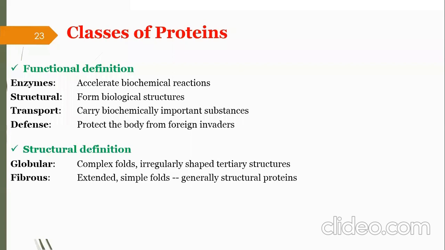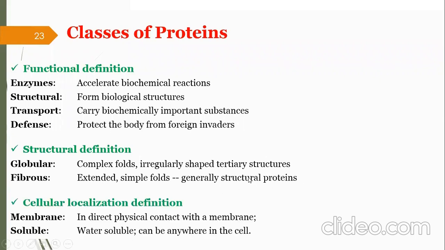And next is some of the proteins can be classified on the structure, like they form globular structure, and that is a complex fold, irregular shaped tertiary structures. Fibrous, some proteins are fibrous. They could be extended, they could be simple folds, generally structured proteins. So the proteins can be classified on the cellular localization definition.